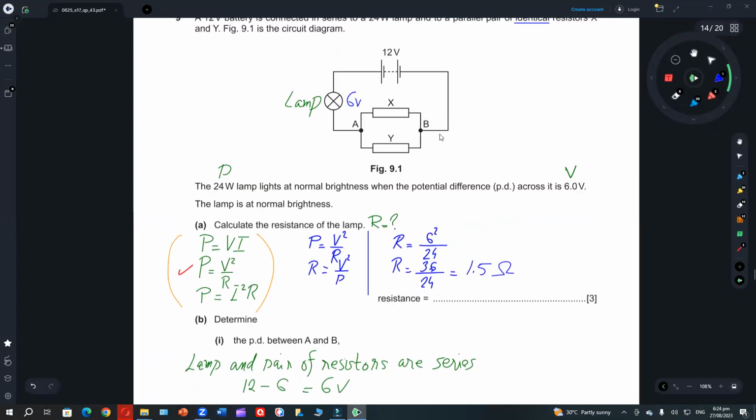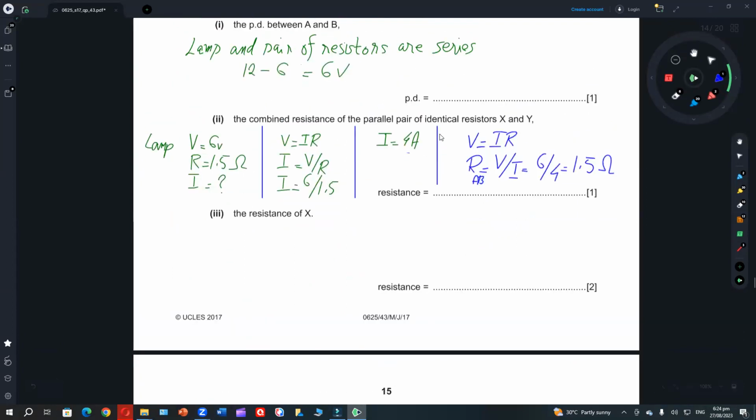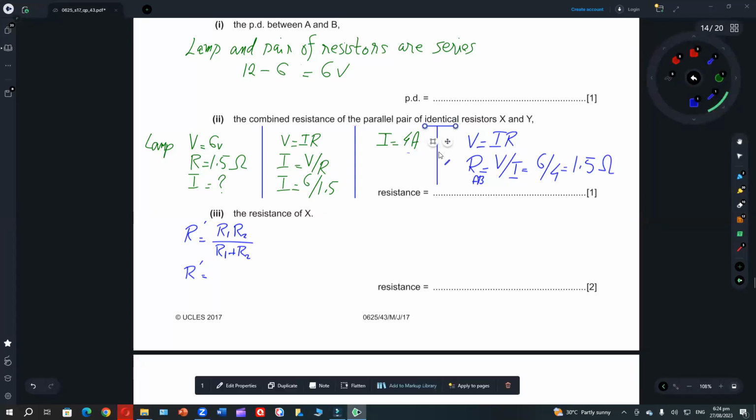He says find the resistance of X. They are identical resistors. Identical resistors mean that they both have the same value.